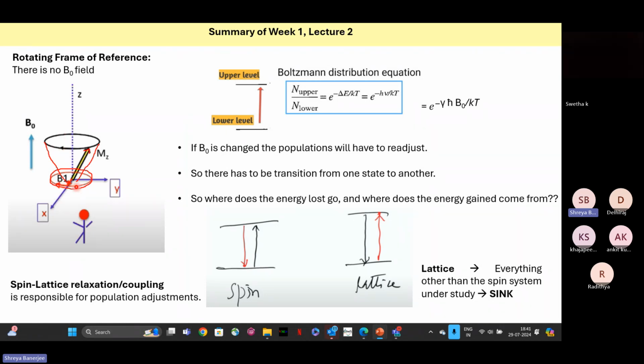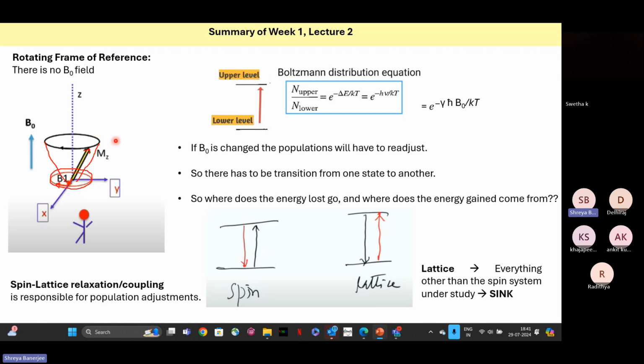So the observer will think that there is no B0 field because the observer is seeing that the angular momentum vector is not moving. So to the observer, the B0 field is 0. This is called the rotating frame of reference. And the use of this we'll come to later. Here I'm just introducing the concept.